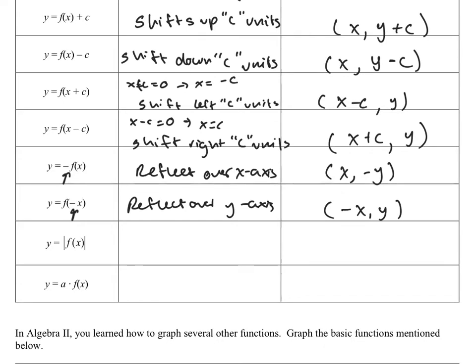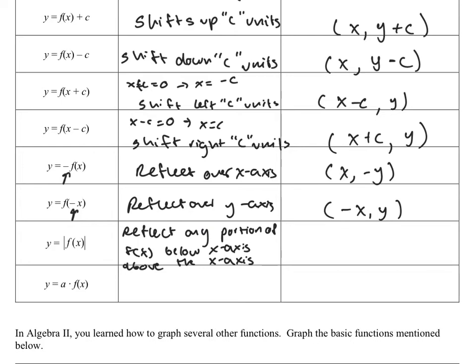Now, absolute value. How many of you guys have seen that in Algebra 2? Okay, so when we have absolute values, I know we haven't done an example like this before, but we're going to reflect any portion of f of x below the x-axis above the x-axis.